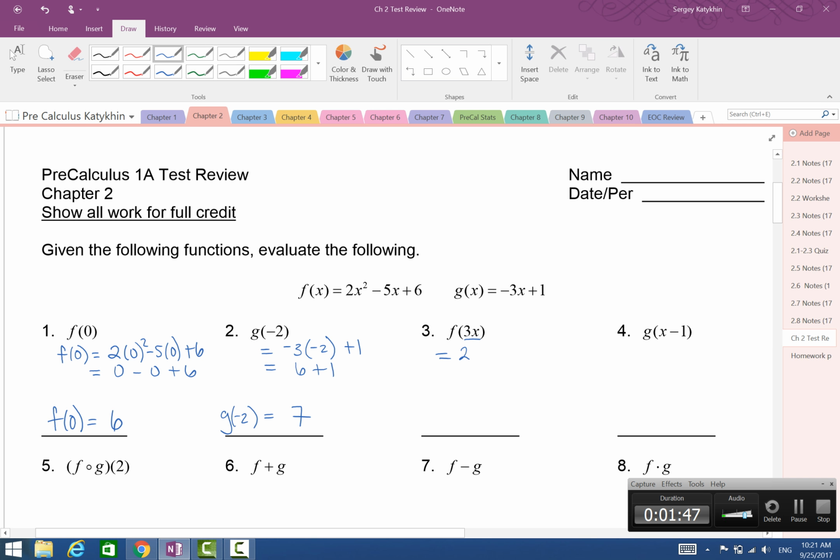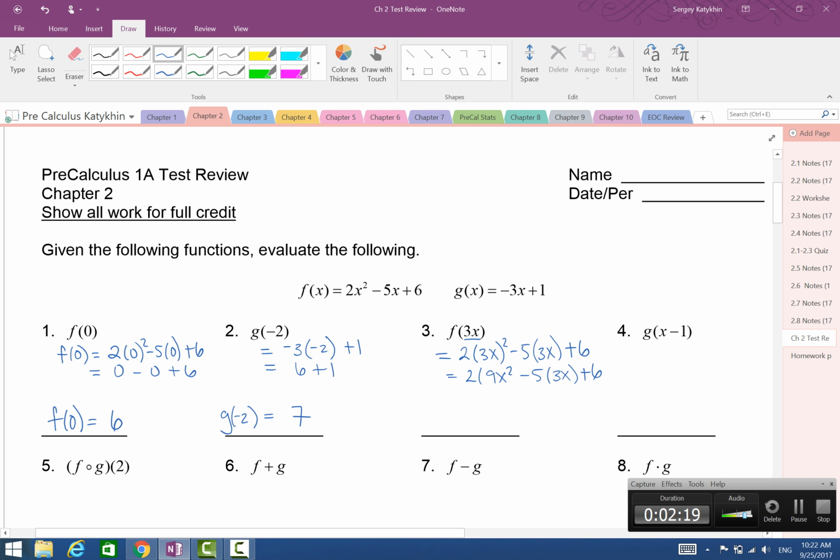So let's replace x with 3x: 2 times 3x squared minus 5 times 3x plus 6. First of all we have to follow order of operations by taking the exponent, which gives us 2 times 9x squared minus 5 times 3x plus 6.